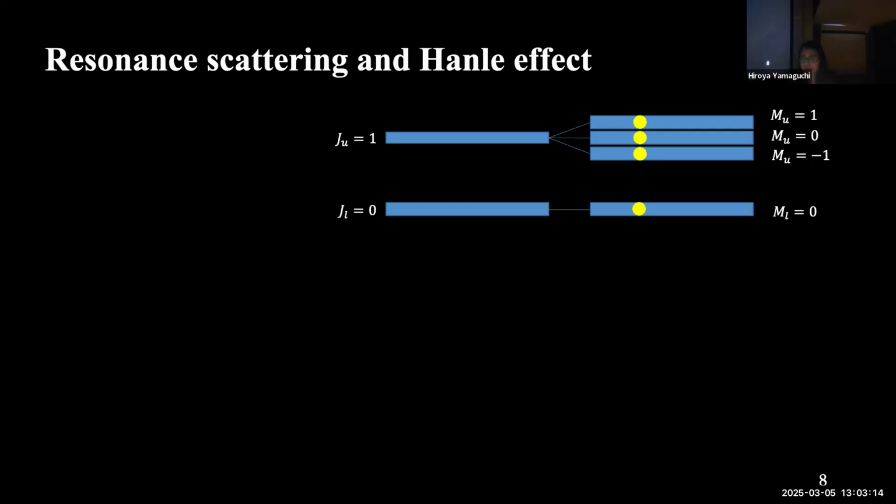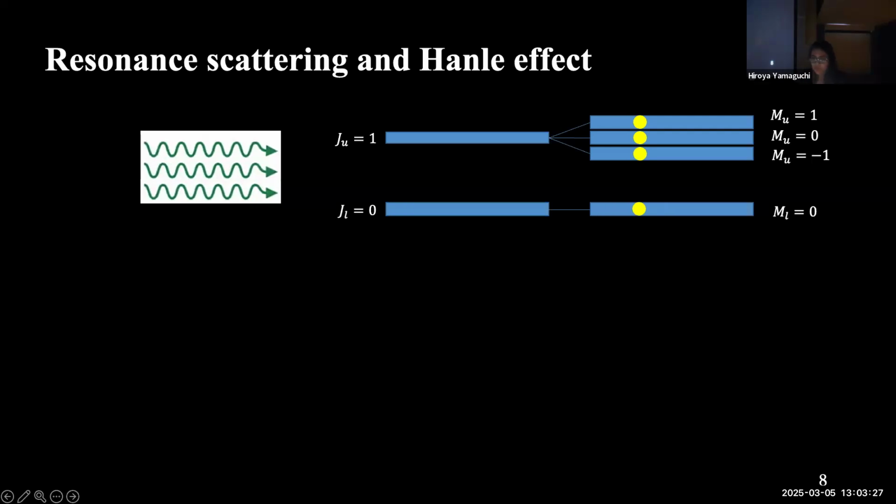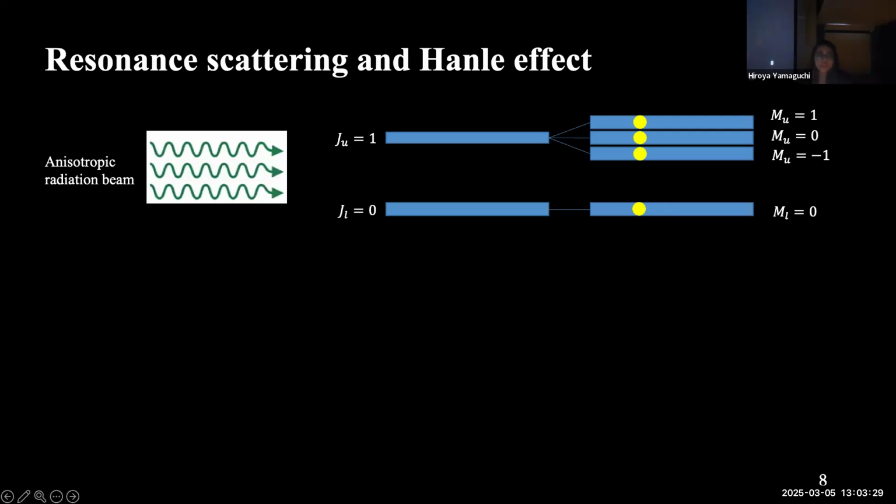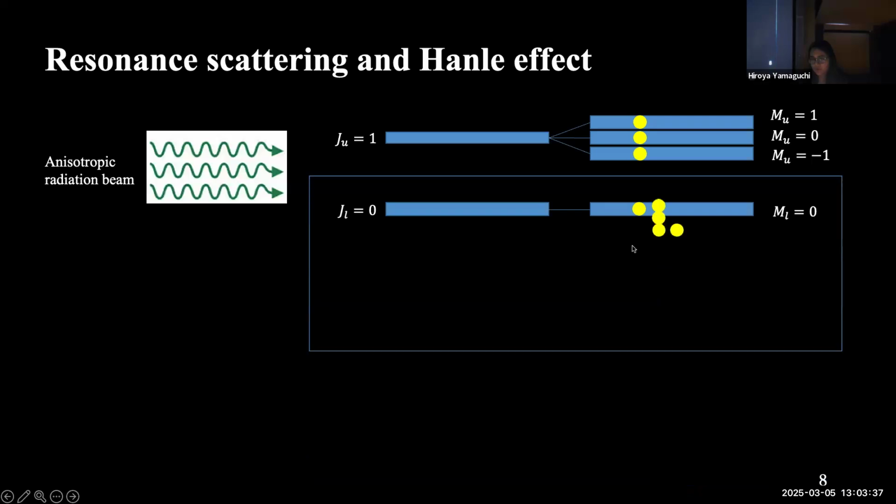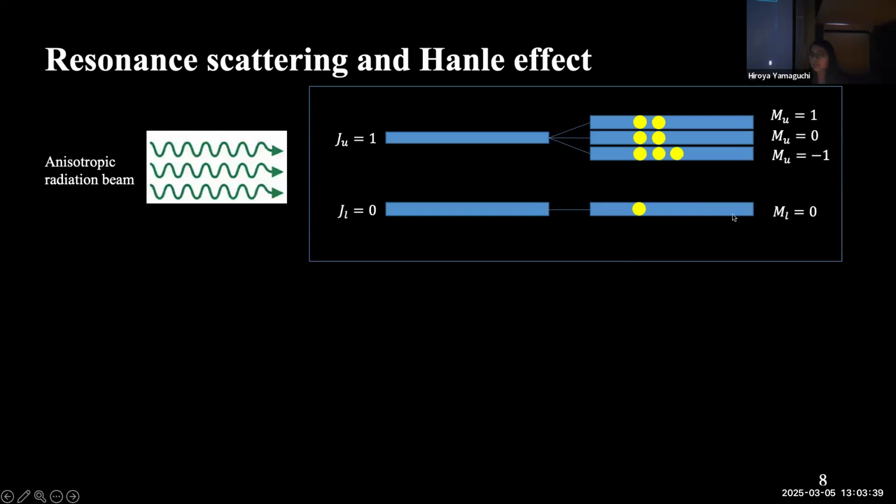Let's say we consider this atomic system with lower level angular momentum J equal to 0 and upper level angular momentum 1. When the anisotropic radiation beam coming from the underlying layers is incident on this atomic system, which is suspended in the corona, it creates a population imbalance in the magnetic sublevels.